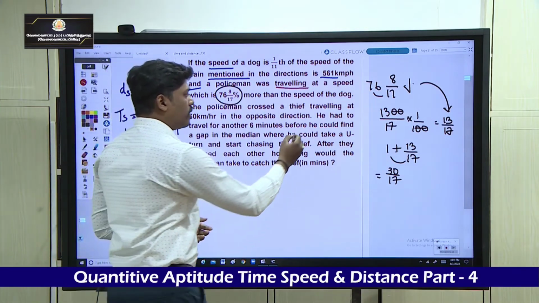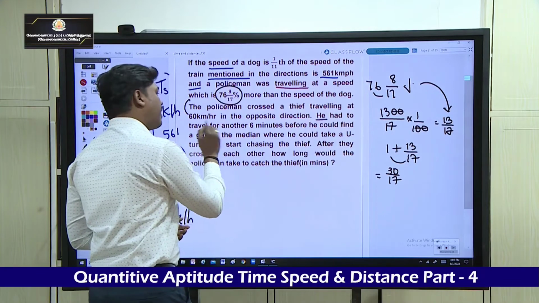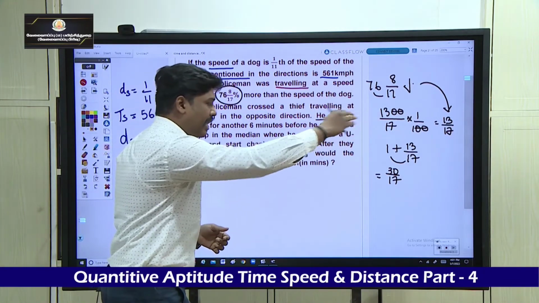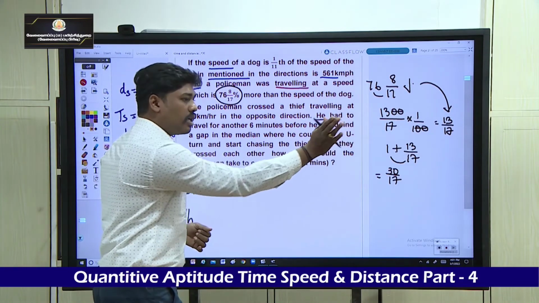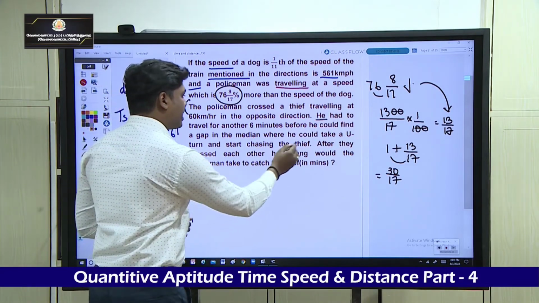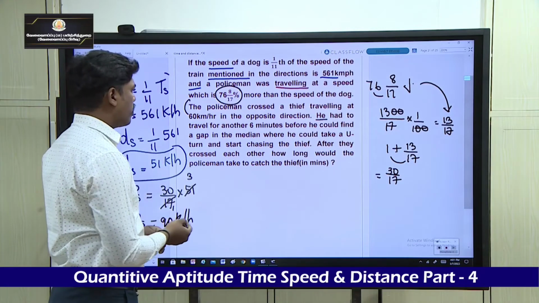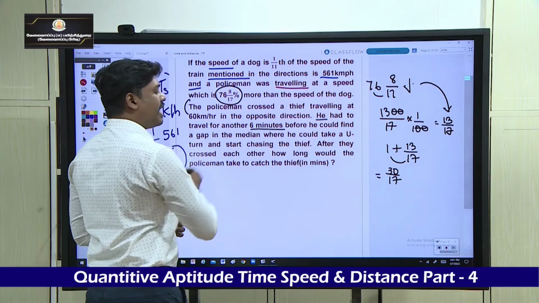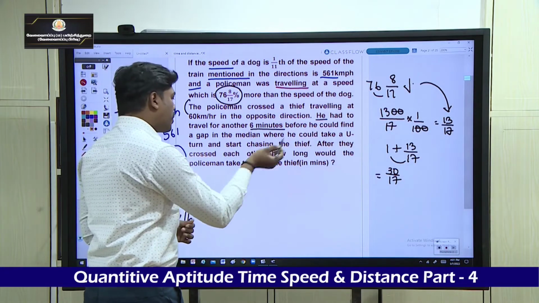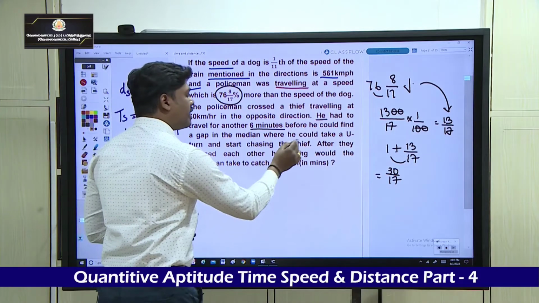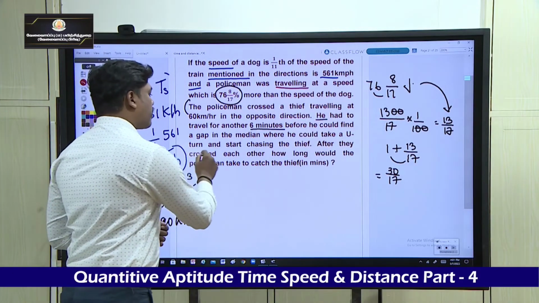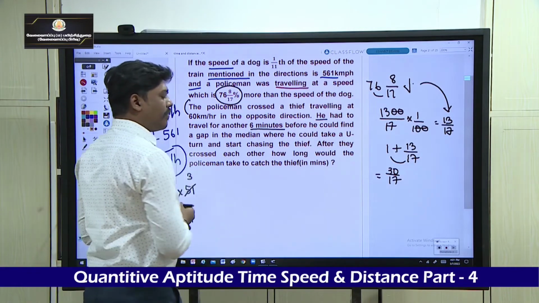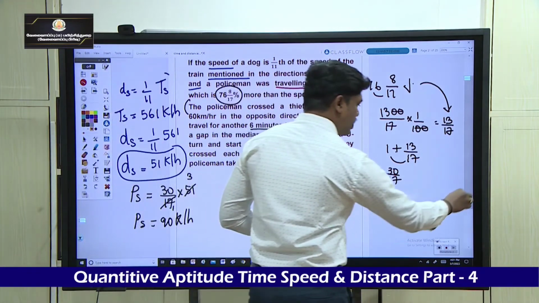Now the policeman had to travel for another 6 minutes in the same direction before he could find a gap in the median where he could take a U-turn and start chasing the thief. After they cross each other, how long would the policeman take to catch the thief? So the question is as simple as that.